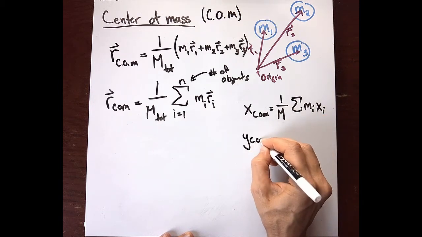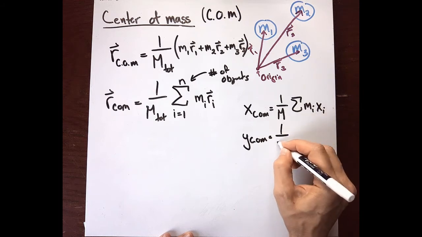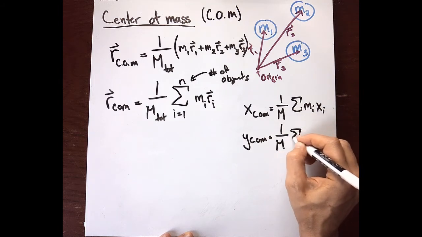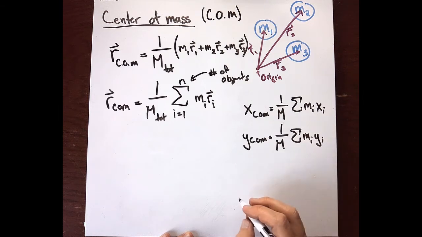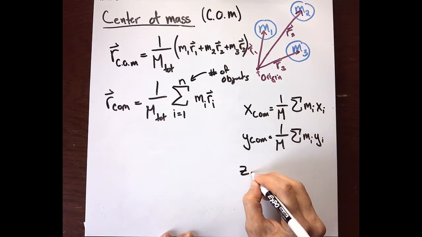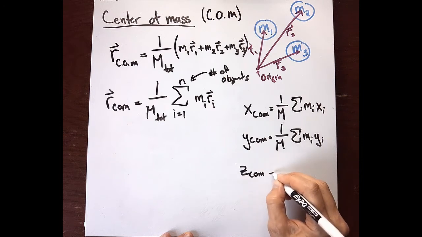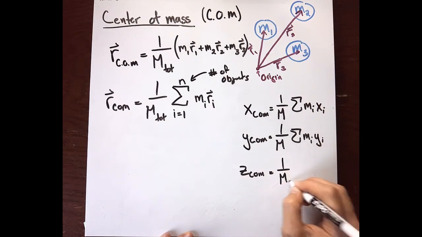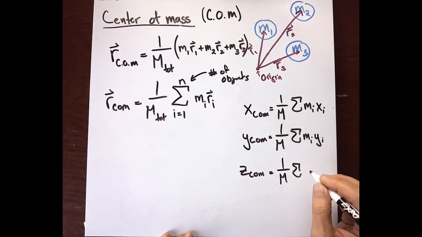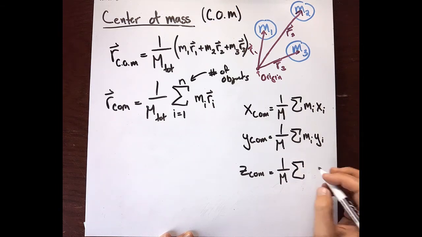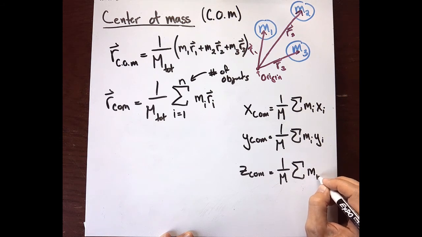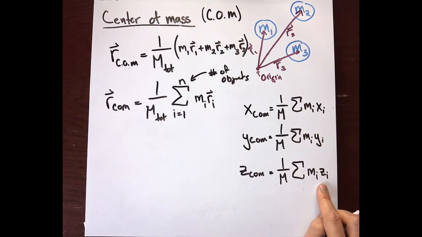And the y component of the center of mass is one over the total mass times the sum of each individual mass and its y component of its position. And the z component of the center of mass, it's one over the total mass times the sum, oh, not a very good sigma there. There we go, that's a little better. Times the sum of each individual mass and each individual object's position.